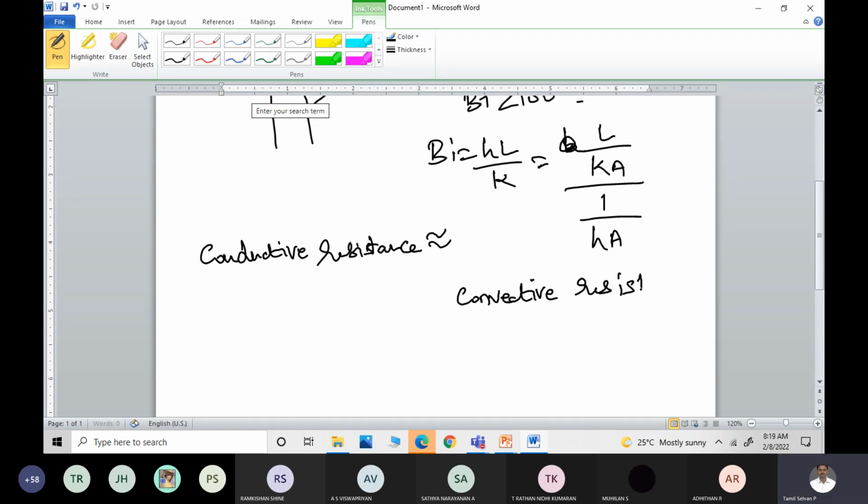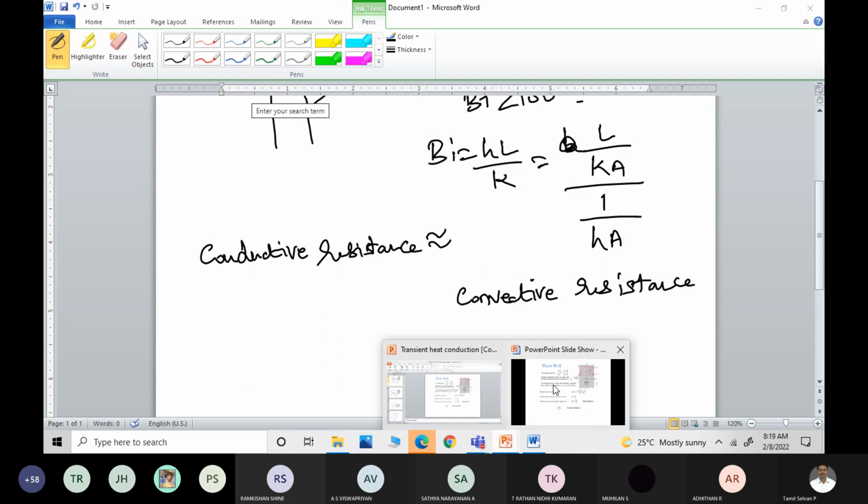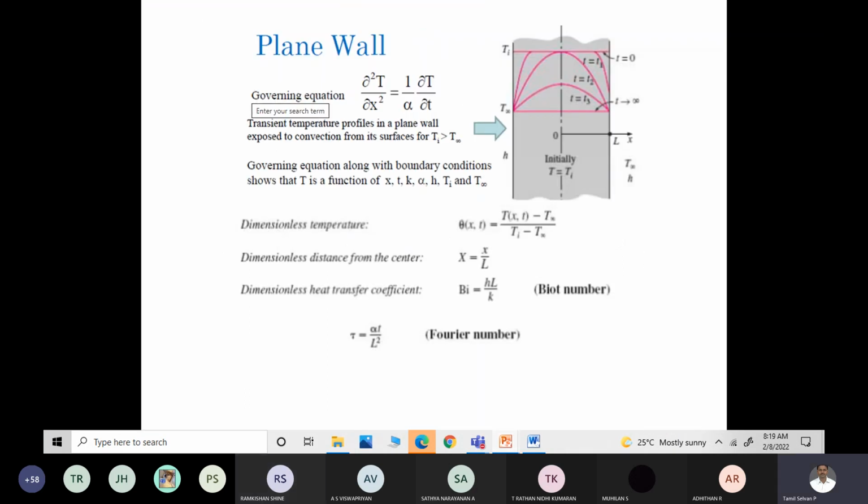When we describe a solid as an infinite solid, the convective resistance is approximately equal to the conductive resistance, L by kA. When the Biot number is greater than 0.1 or equal to 1, the values of L by kA and 1 by hA are equal or almost similar. Am I correct? Are all of you able to understand this?